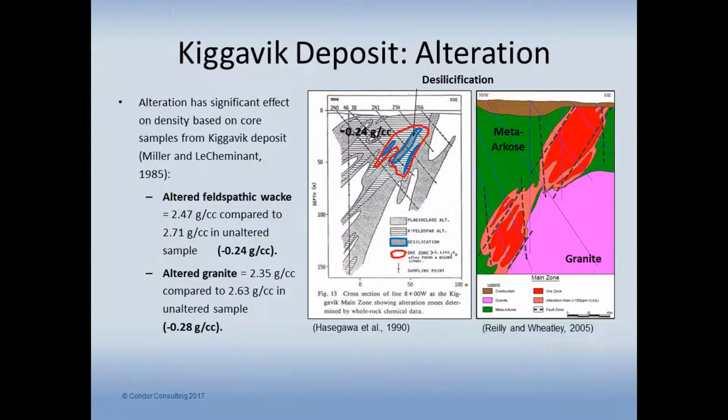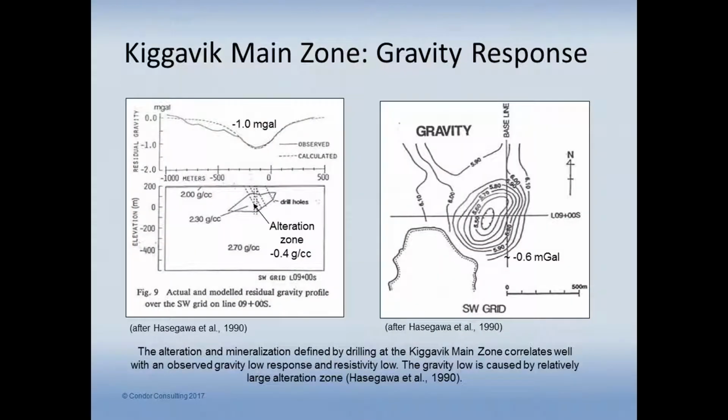You can see that the deposit was expanded down dip in the 2005 image. And this granite wasn't really defined in the earlier one from 1990. But I put this one in because it shows this zone of desilicification inside the ore zone in this case. And they've defined it as minus 0.24 grams per cc, which is significant enough response. It appears to be resolvable.